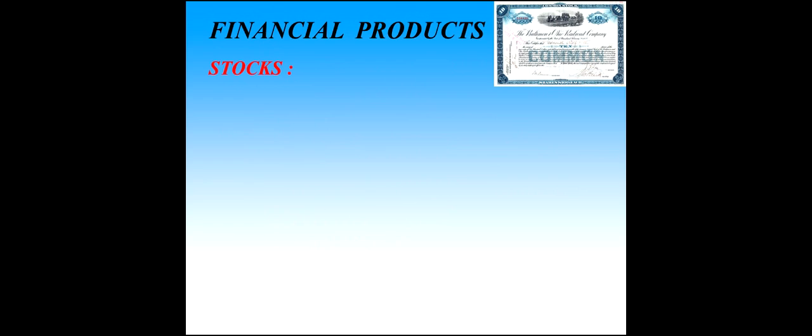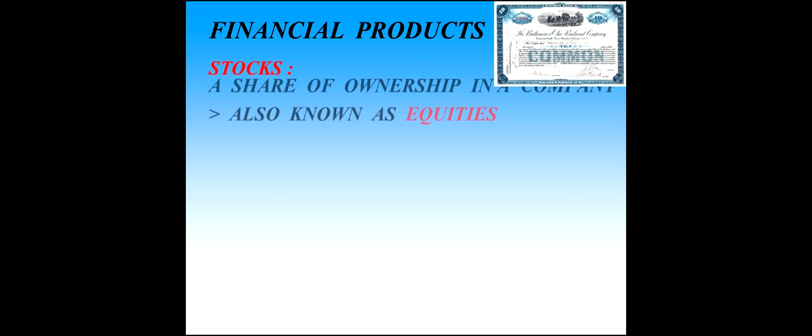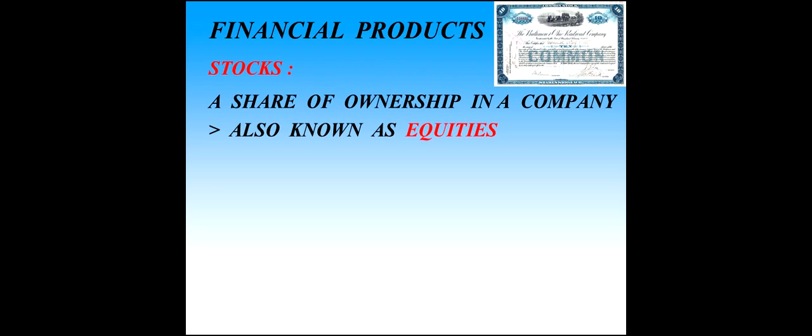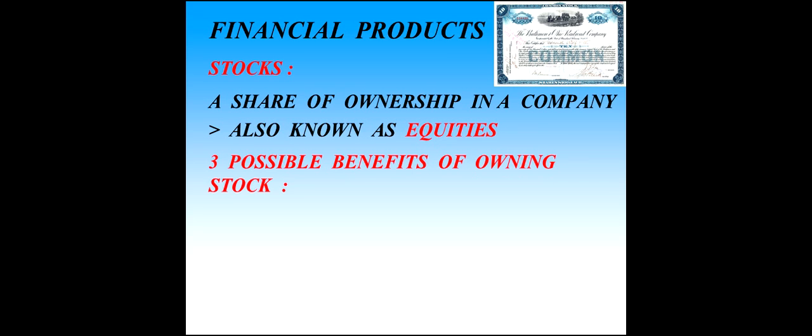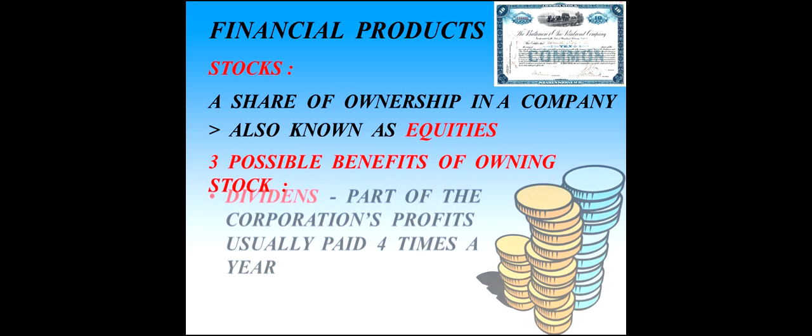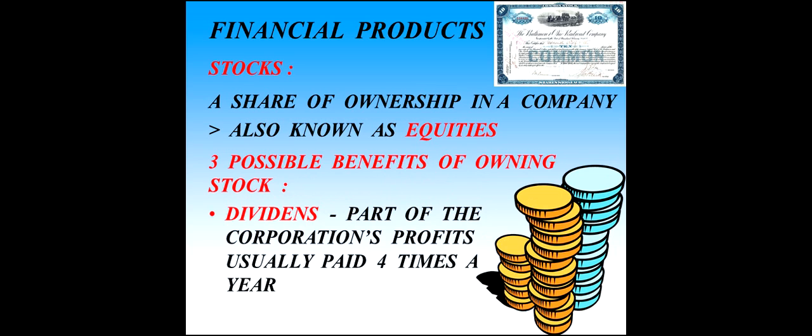Next, we move on to considering stocks as an investment vehicle. You're familiar with stocks based upon what we covered in Chapter 9, Business Organizations, when we looked at the characteristics of a corporation. And you know, stock is a share of ownership in a company. In the financial community, stocks are also referred to as equities. Now, there are 3 possible benefits of owning stock. Here's the first one I'd like to talk about: dividends.